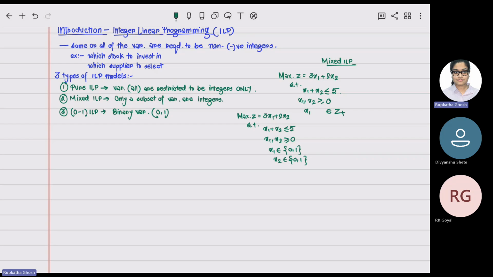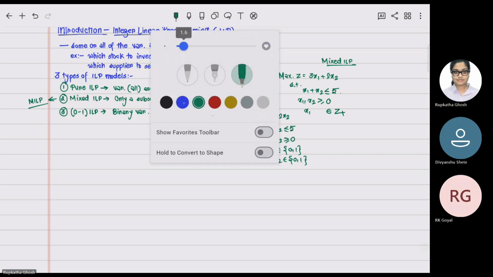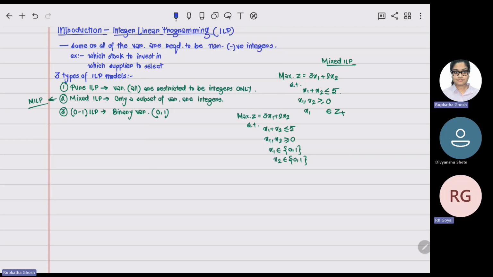Now, MILP, we also call this MILP. They are usually much harder to solve than ordinary LPs. Can you tell me why? Why are MILPs much harder to solve than ordinary LPs?